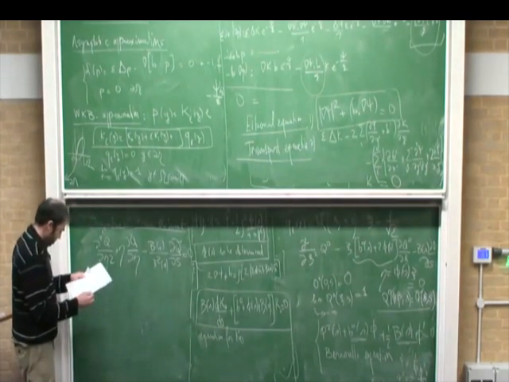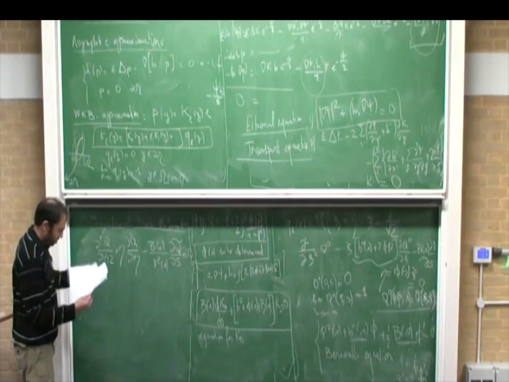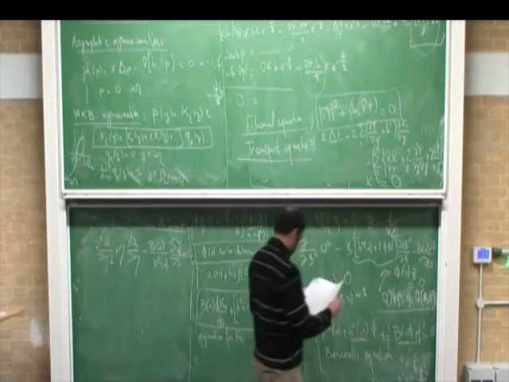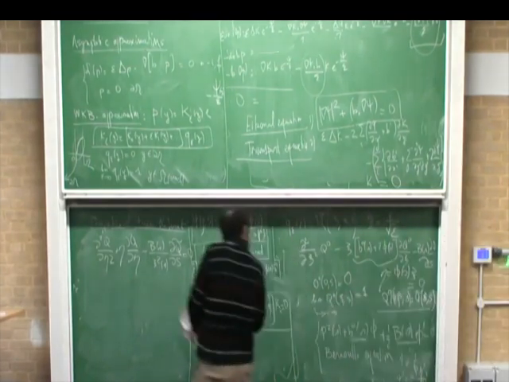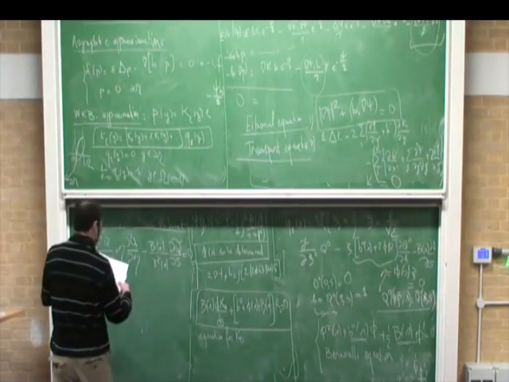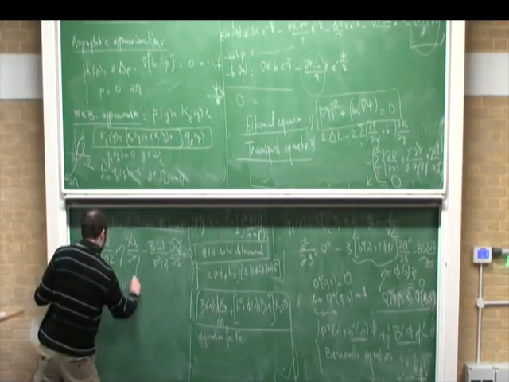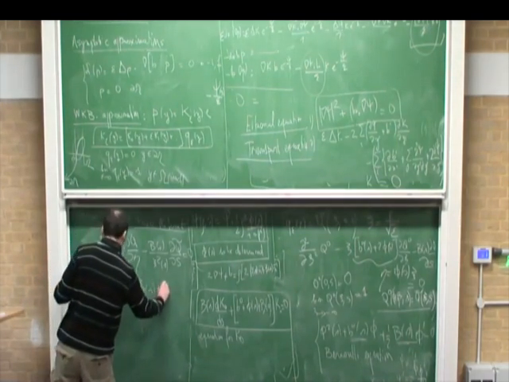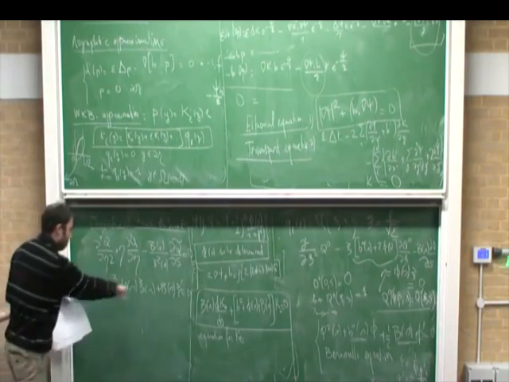And psi is again the solution of a Bernoulli equation, minus psi cube plus b0 of s psi of s plus b of s psi prime equals 0. This is a different Bernoulli equation for psi.